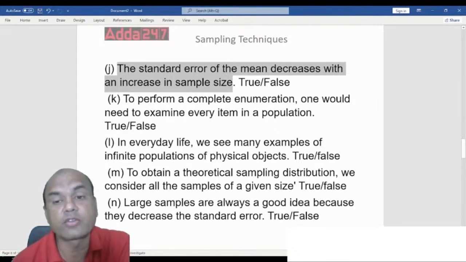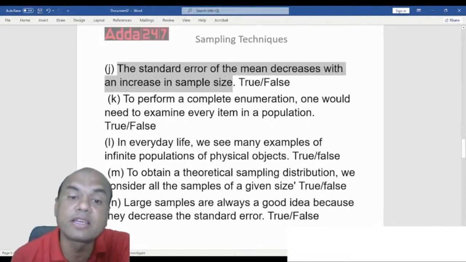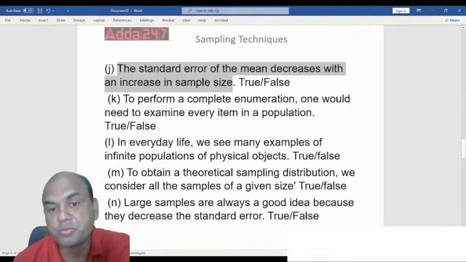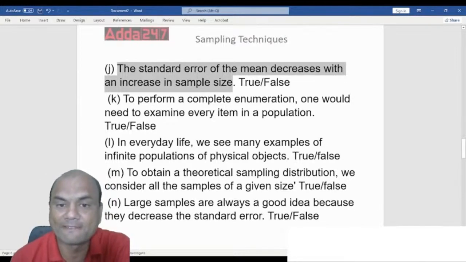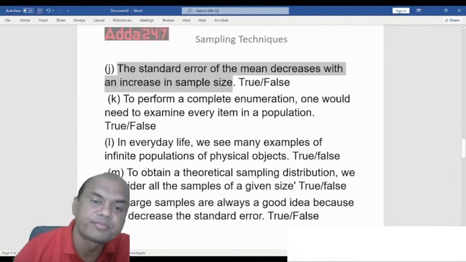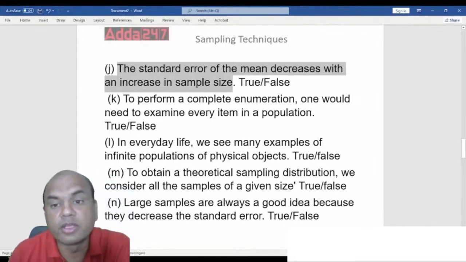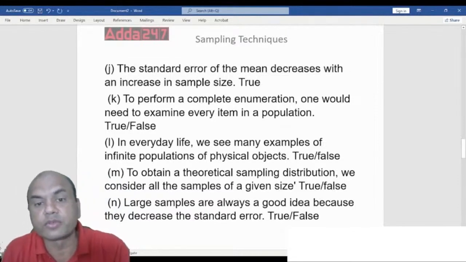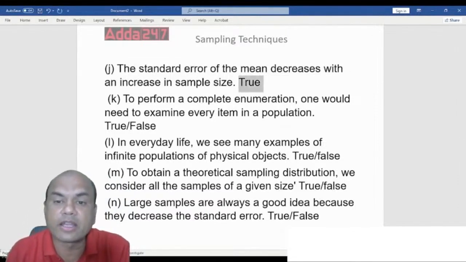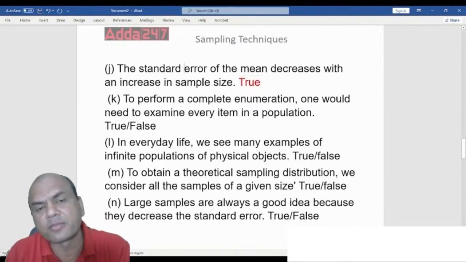The standard error of the mean decreases with an increase in the sample size. True or false? It is true. That is the basic rule of sampling, right? So the standard error will decrease. What is standard error?